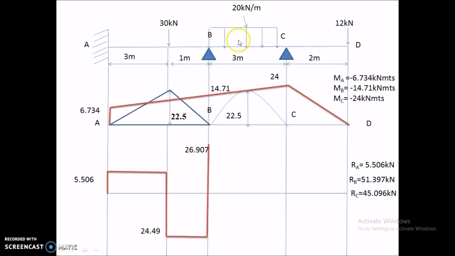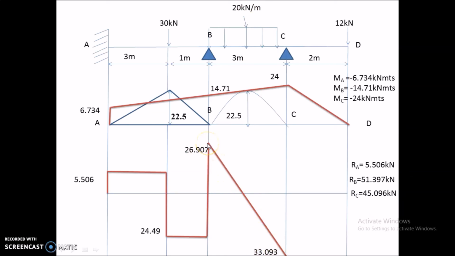Now coming to this span BC, since it is a UDL, here we should draw a varying line. Here it is 26.907. At this point it will be 26.907 minus this value, that is 20 into 3, 60. So 26.907 minus 60 gives me minus 33.093.